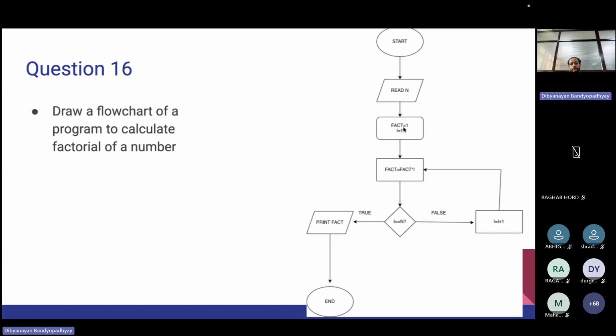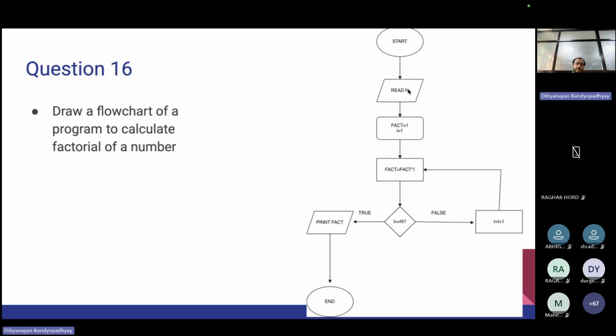So see here. You start, read the value of n, and you declare two variables. One is factorial and one is L. And you do factorial equal to factorial into L. So L, as it is 1, it will give you the value of 17, let's say.